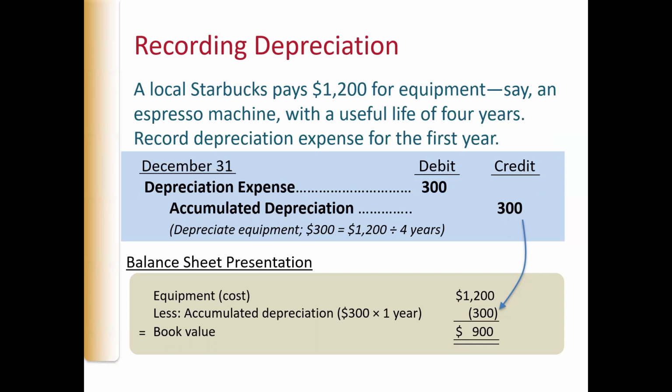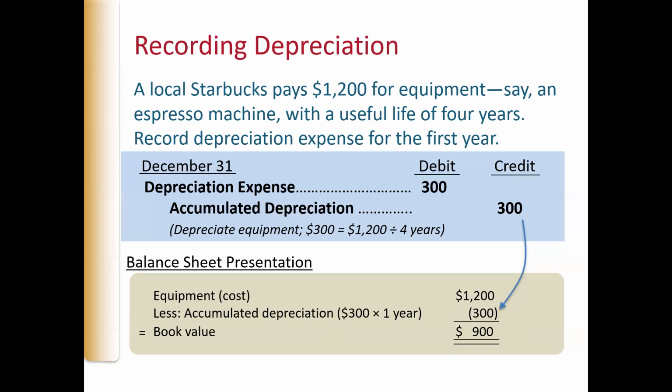So that would be the journal entry, and the way it would show on the balance sheet is we would show the cost of the asset less the accumulated depreciation that's been taken to show the book value, or the adjusted book value of the asset after year 1, which is $900.